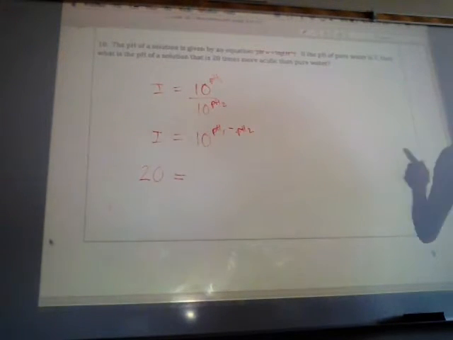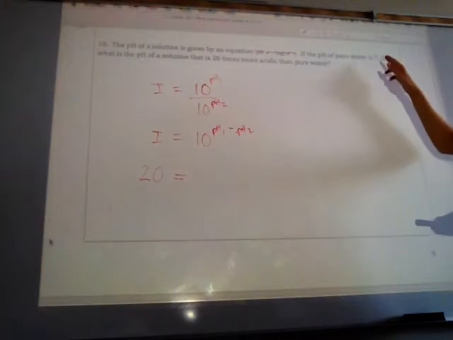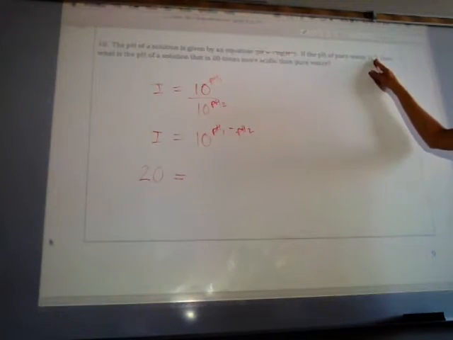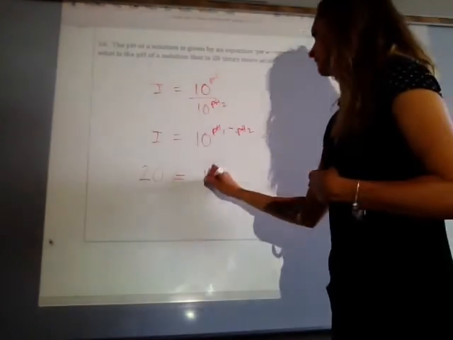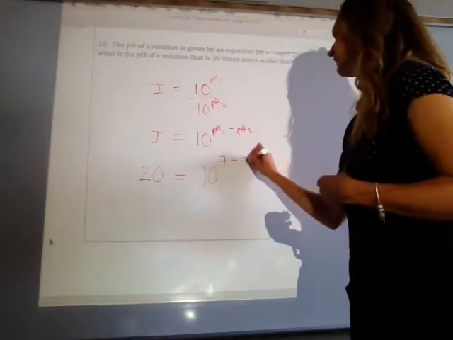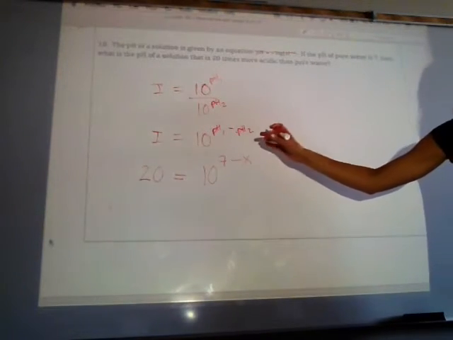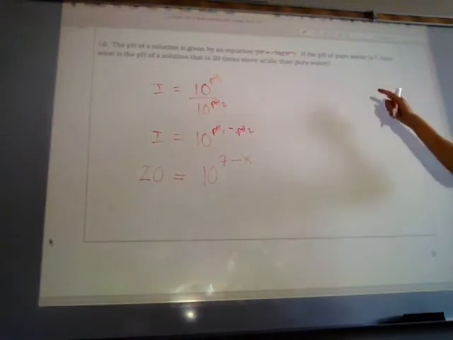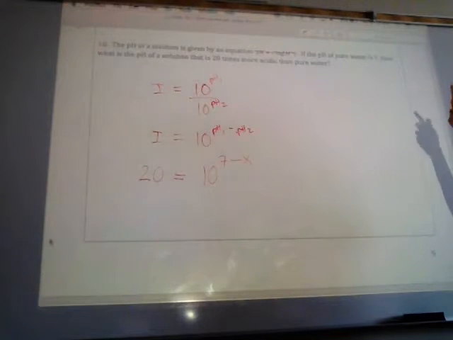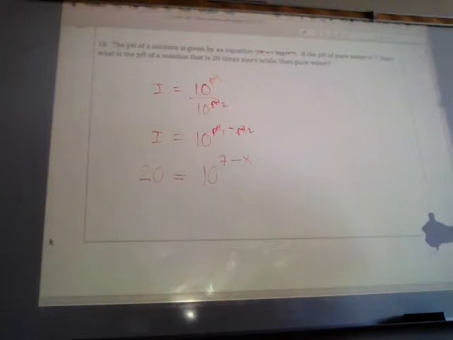Okay, so you always want to think about that scale and where it would fall. If you end up with a number that is bigger than 7, then you went the wrong way. So what my point is, how do you know when to go 7 minus x or x minus 7? You could just solve it, and if your value ends up smaller, you went in the right direction because it's more acidic. Okay, so to solve this, we have to put this into logs now.